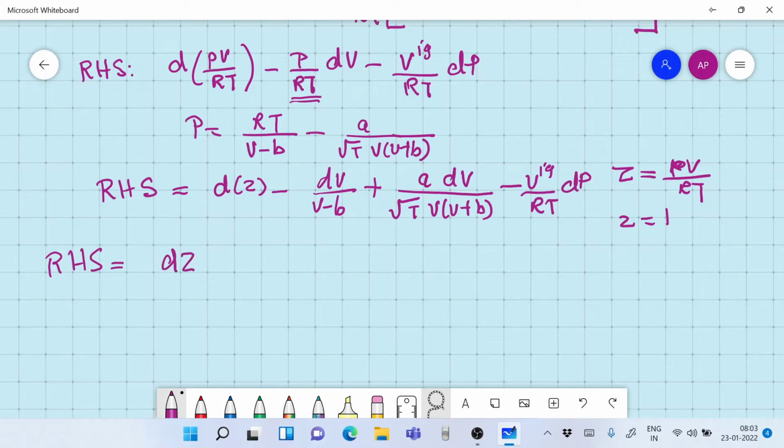dZ, and we have minus dV over (V minus B), and we can write this particular expression as, we missed an RT here. So this is RT multiplied by the above. We missed an RT here because this gets divided by RT.